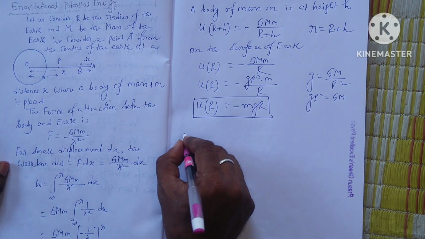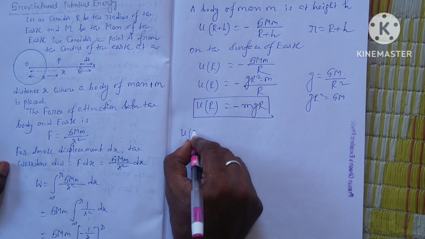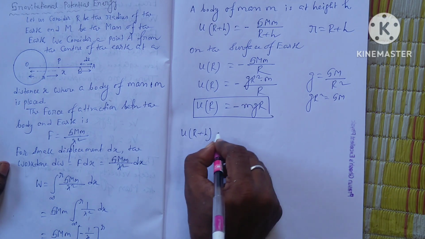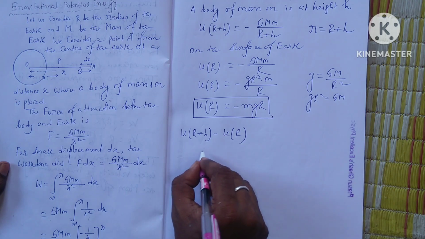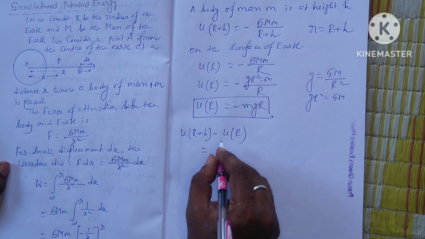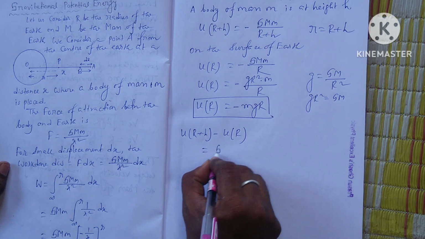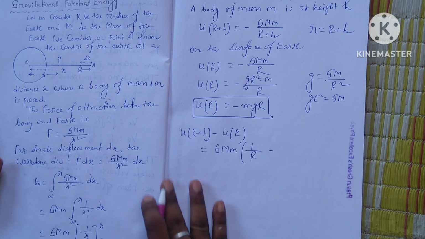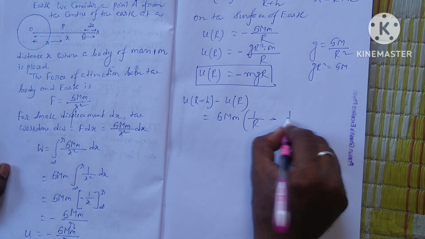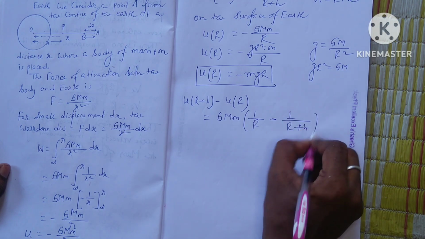Now U, this we can write, so we can write that is GMm into 1 by R minus 1 by R plus h.